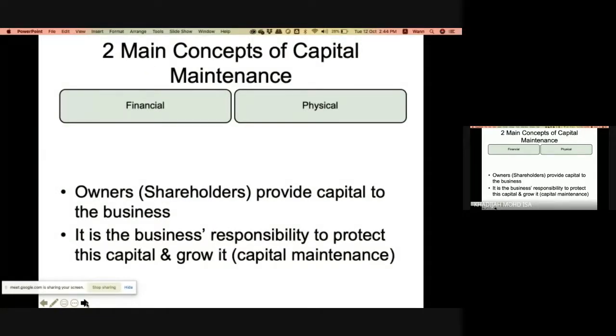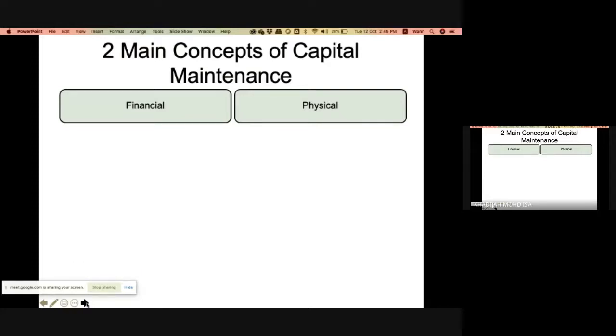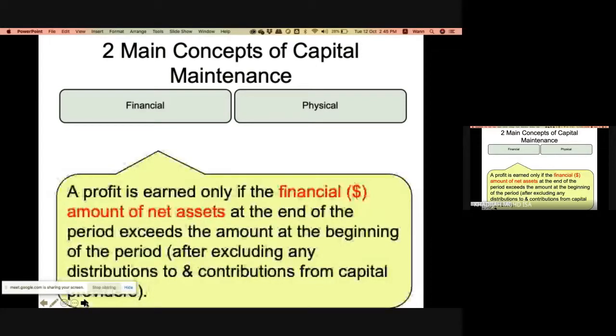When you first purchase the shares it could be 1 ringgit, but after some time you expect the value of the company to increase or grow. So how do you see the growth of the business? The growth of the company can sometimes be reflected in the share price. A profit is earned only if the financial amount of the net assets at the end of the period exceeds the amount at the beginning.